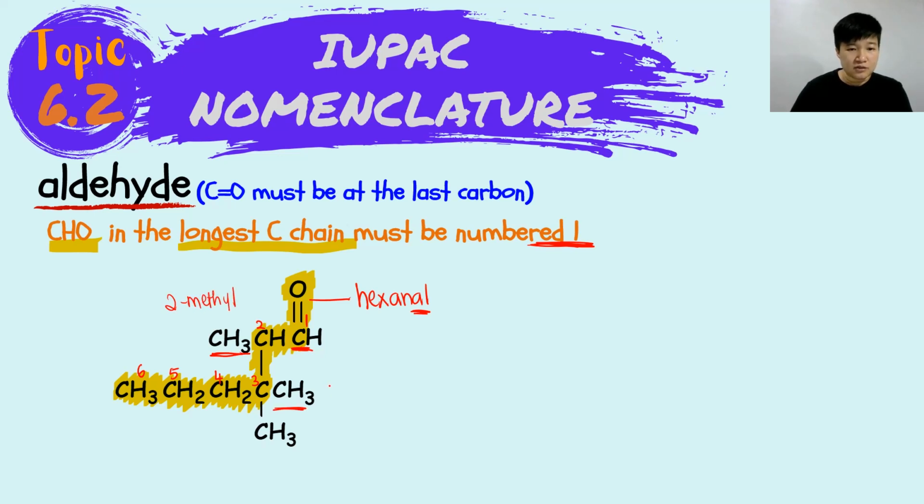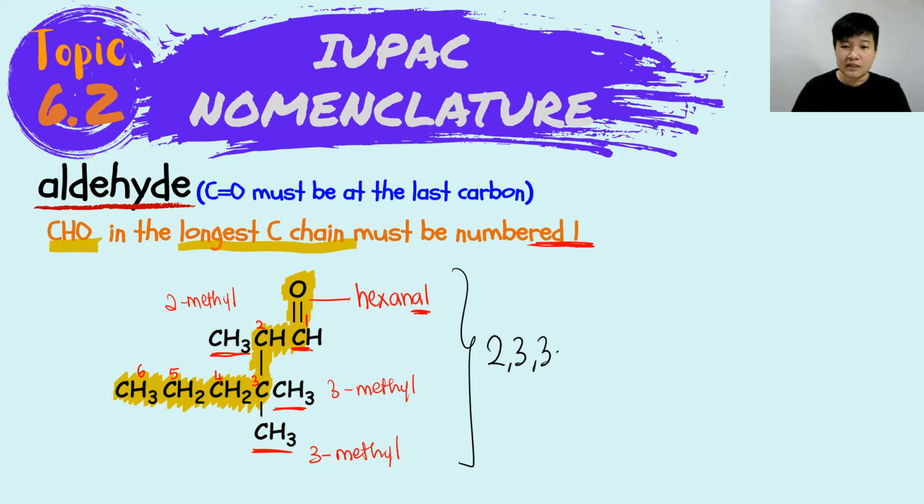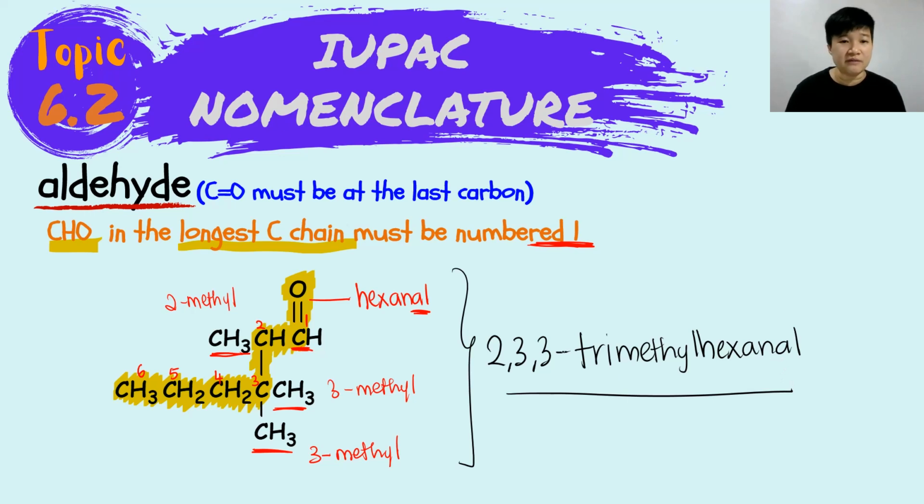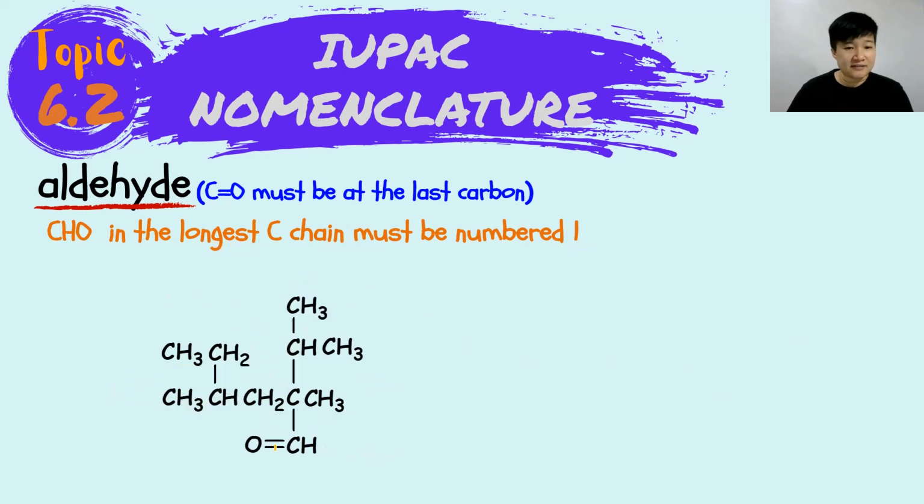Another one, 3 methyl group. Another one over here on the same carbon. So 3 methyl group is the same substituent. What prefixes are we using? The prefixes will be trimethyl with 3 position in front. So 2,3,3-trimethylhexanal. Easy, simple, alright? Let's try another example.